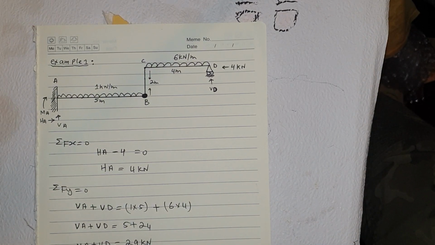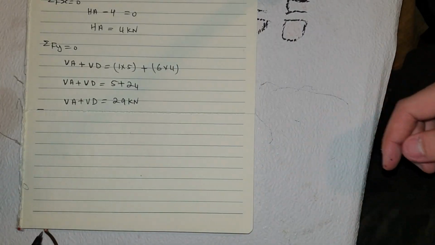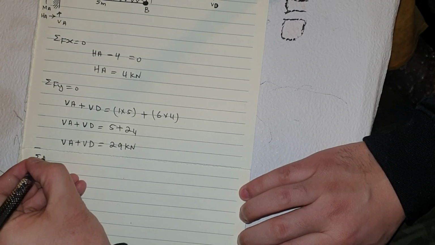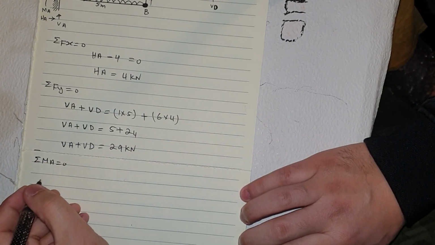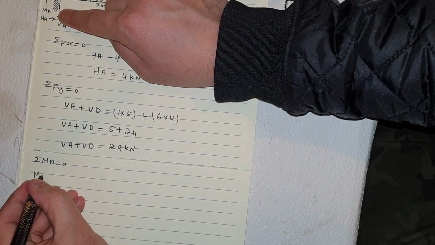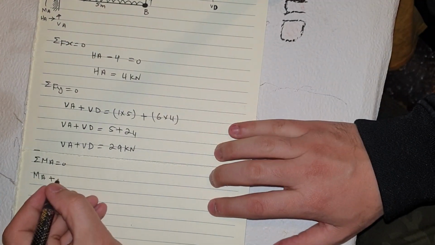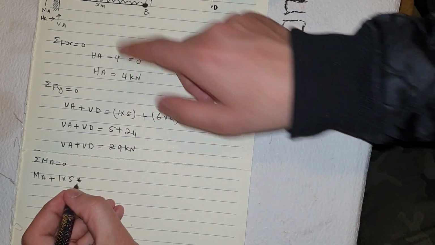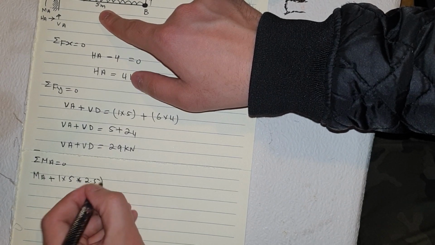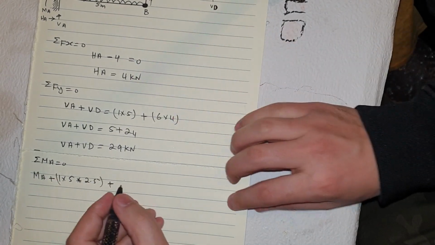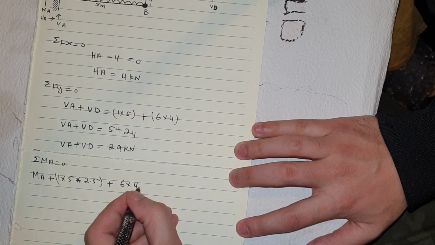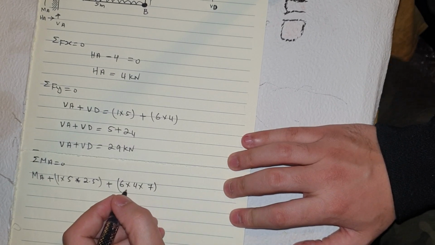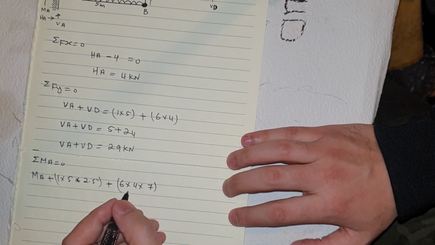The third step, we have to take a moment. So we are going to take a moment at point A. So summation of moment at point A is equal to 0. So we have Ma plus, we have 1 times the distance is 5 meter, which is acting in the middle, so it's 2.5, plus 6 times 4 times 2 plus 5 is 7, and you have other force acting in the same direction?